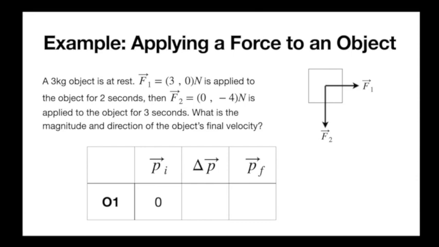And it doesn't matter as long as I still take my initial before any of the forces acted, and I take my final after they're all done. If that's true, it doesn't matter whether F1 and F2 happen at the same time.